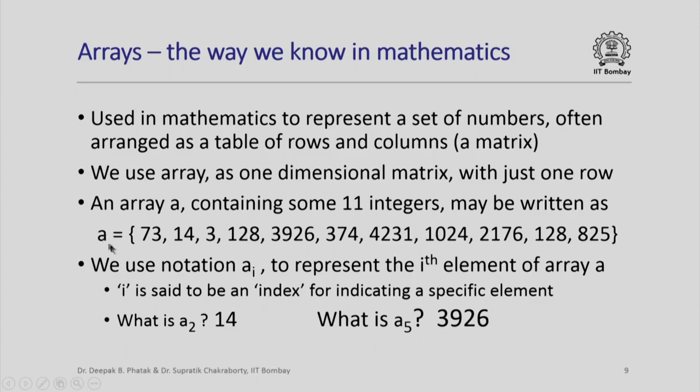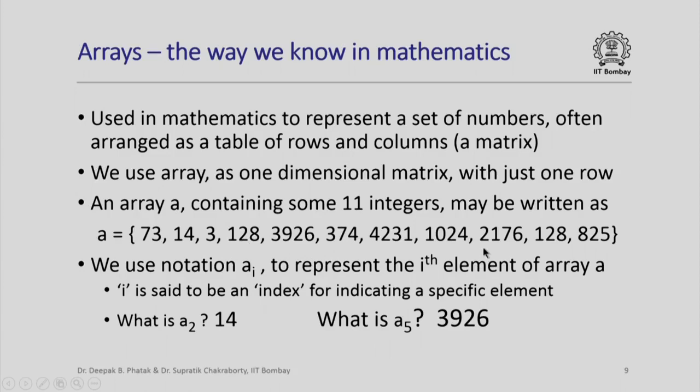We often use the notation A subscript i to represent the ith element of array A. Here i is said to be an index because it indicates a specific element of the array. So for example, A2 represents the second element, which is 14, A5 represents the fifth element, which is 3, 9, 2, 6, and this is how we can refer to individual elements.